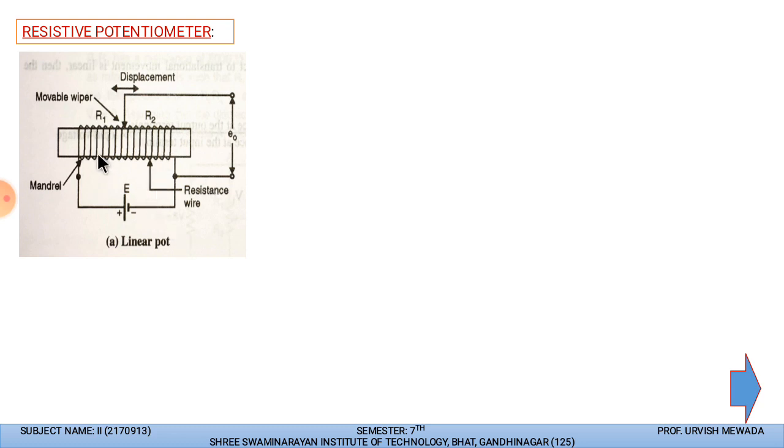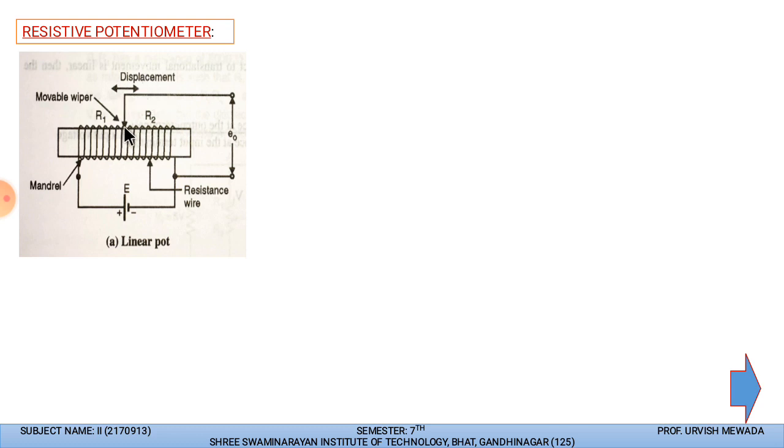The supply is given to this winding from one end to the other end, and one variable arm is connected on the surface of the linear potentiometer. This variable arm is a movable arm, and suppose we connect a moving object to it, so that as the object moves in the positive x or negative x direction, we can measure that displacement in terms of electrical output.